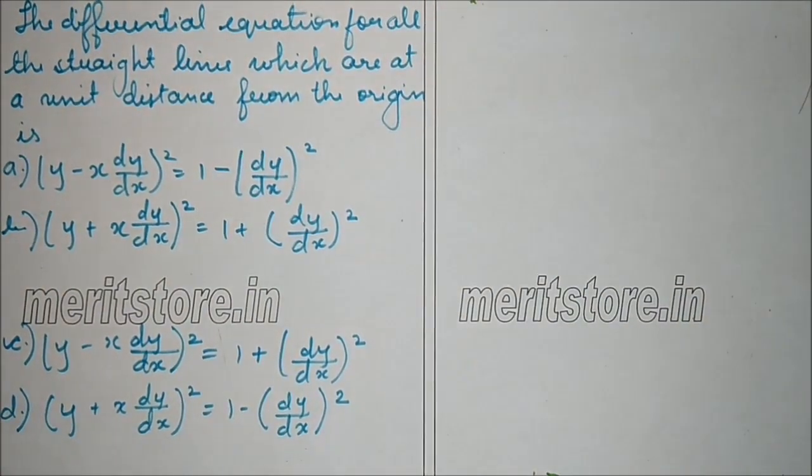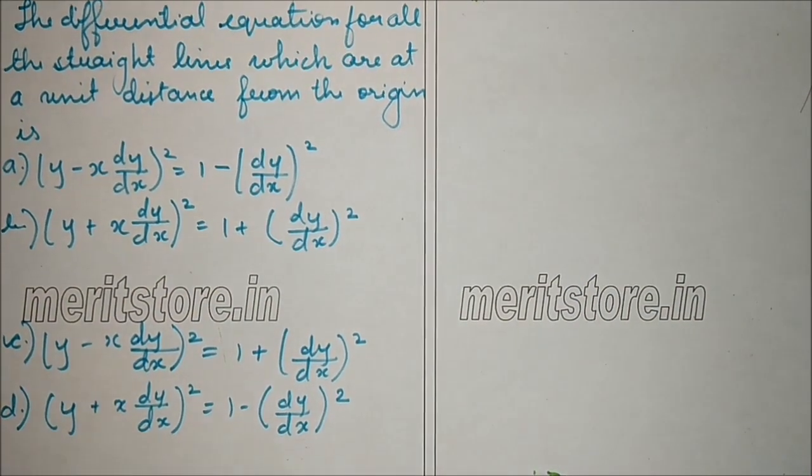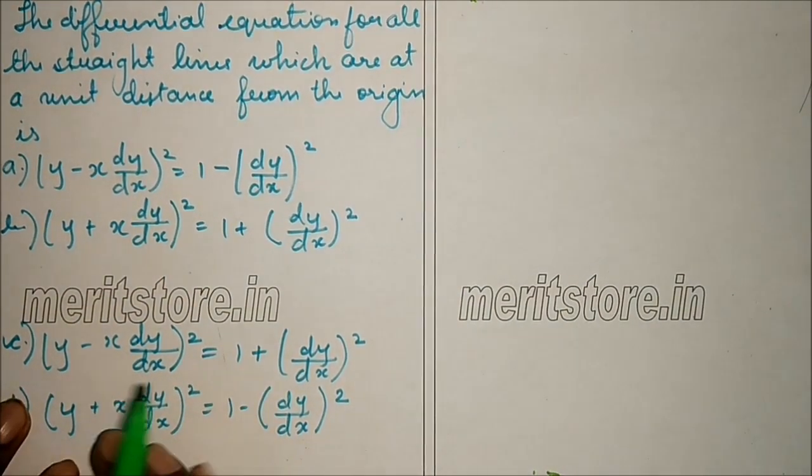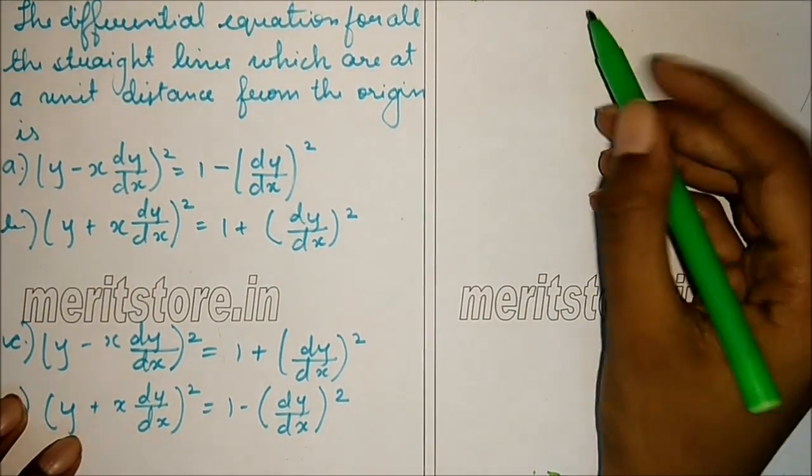The differential equation for all the straight lines which are at a unit distance from the origin is? So we have to find the differential equation of straight lines whose distance from the origin is 1.